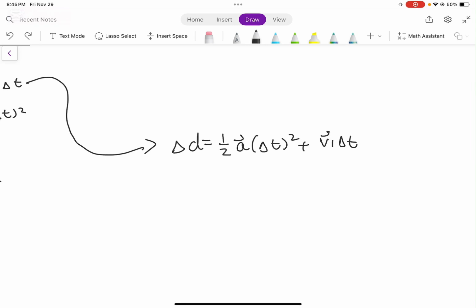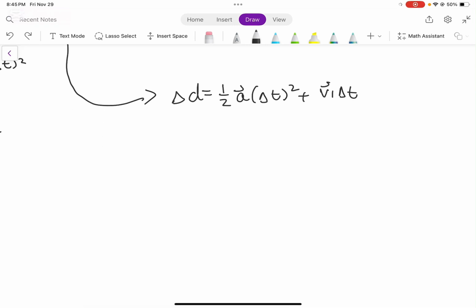How and why would we need to use a quadratic formula? Well, let's say we're looking for time, because if you look here, we actually have a quadratic. If we move this d over to the side, we'd have 0 is equal to 1/2 a delta t squared plus v1 delta t minus delta d.